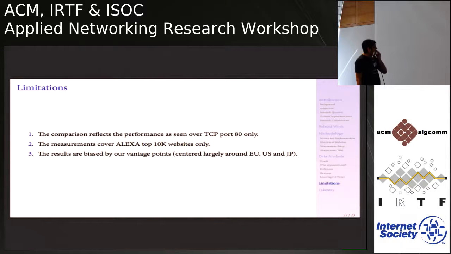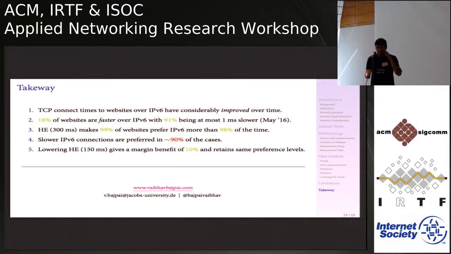Okay, next slide, please. So this is all what we saw today. We saw that TCP connection establishment times to popular websites have considerably improved over time. Remember the timeline that I showed, things appear to be congruent. And we saw that 18% of Alexa top 10K were faster over V6, while 91% were at most 1 millisecond slower as of May 2016.